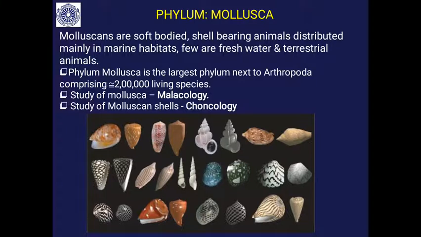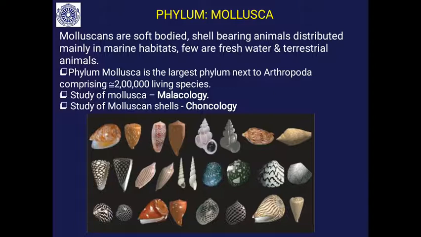They have colonized every possible habitat of the world, and most of these are aquatic, and they are bottom dwelling or benthic forms. The study of mollusca and their habitat, behavior and structure is called malacology.